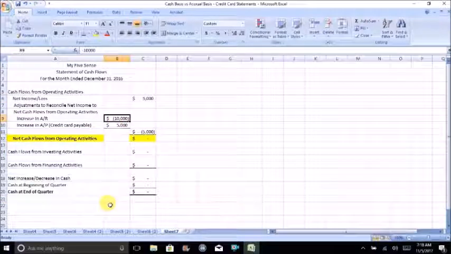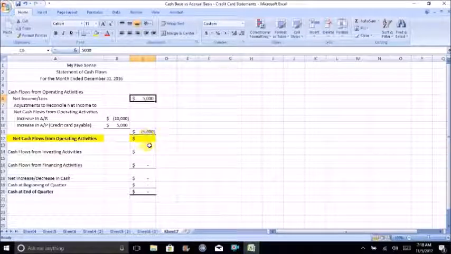We have an increase in accounts receivable of $10,000. We need to subtract that from net income because our attempt is to convert accrual basis net income into cash basis net income when we do a statement of cash flows. That's what we're doing.